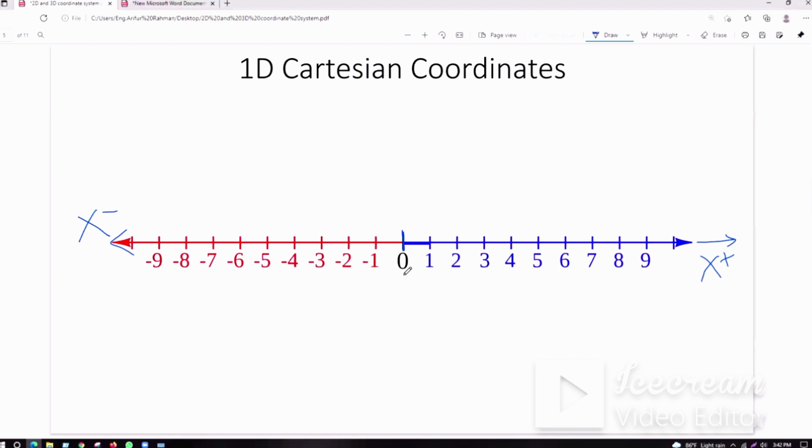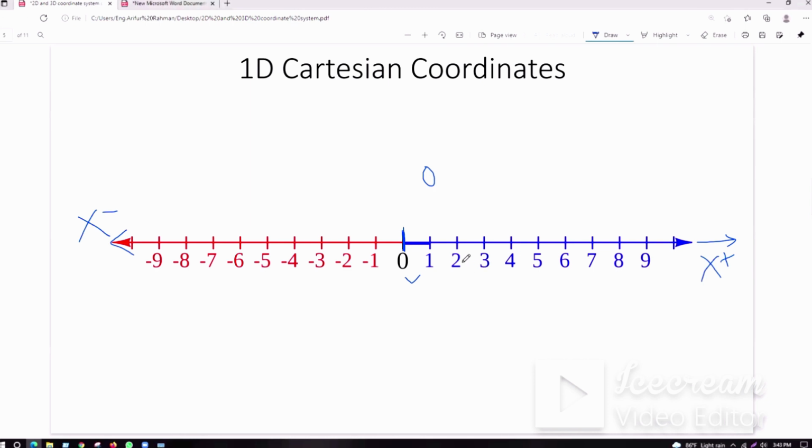And the point here, we mentioned 0. We refer to this point as the origin. In every coordinate system, we have some origin. In this case of one dimension, we mention just a single number as the coordinate, which is 0. We say the origin.